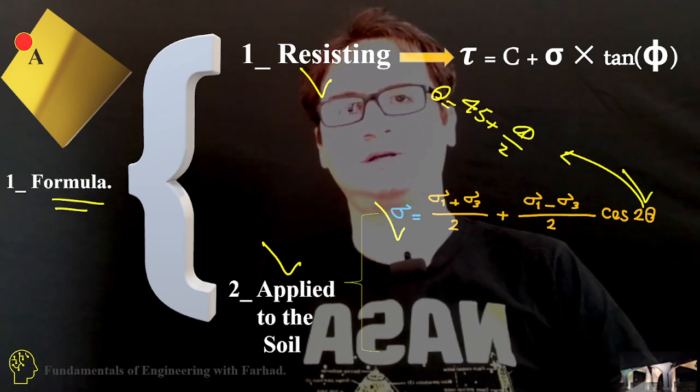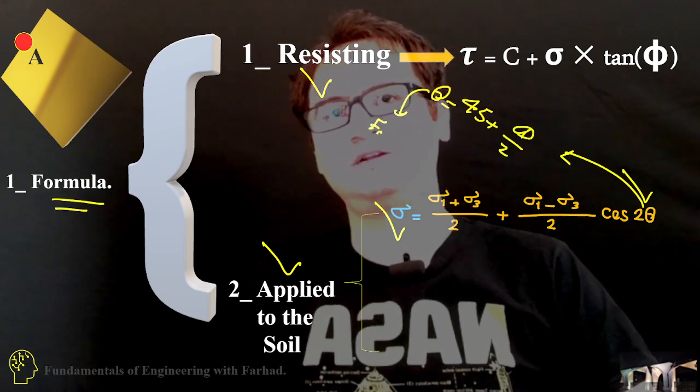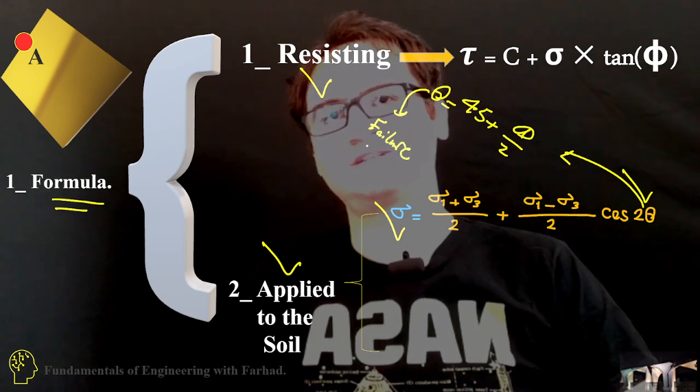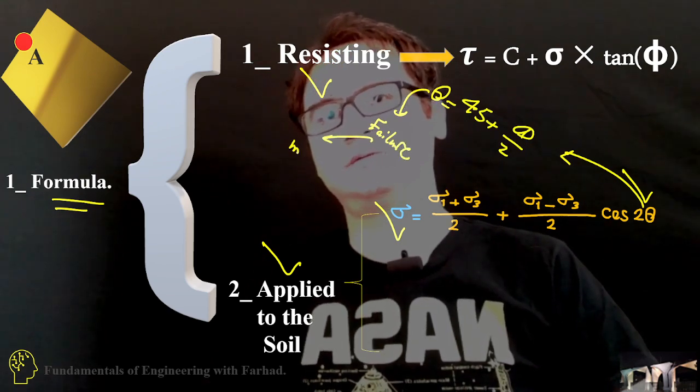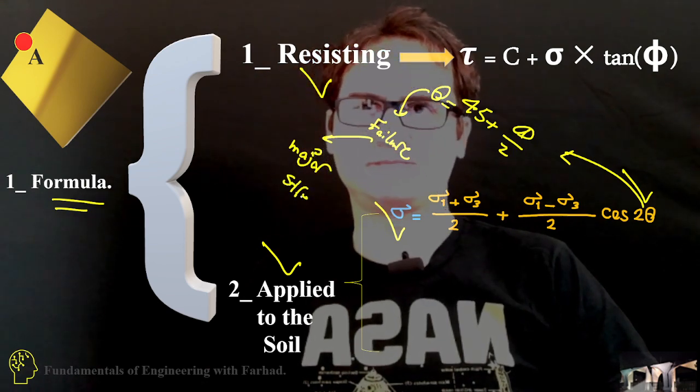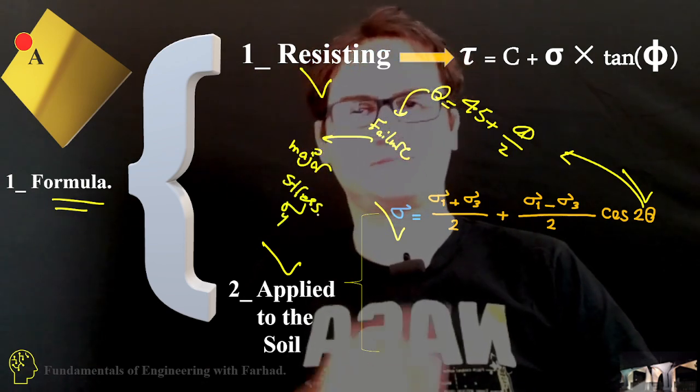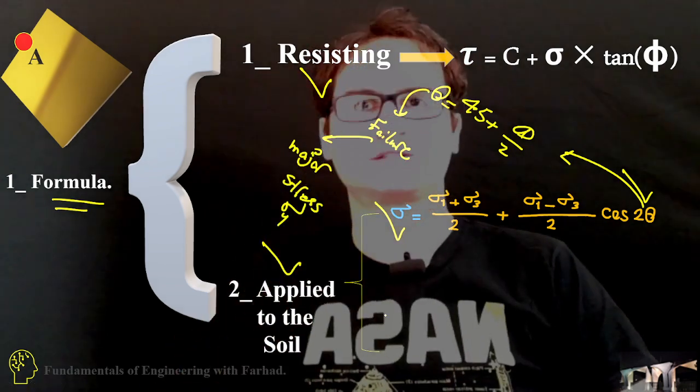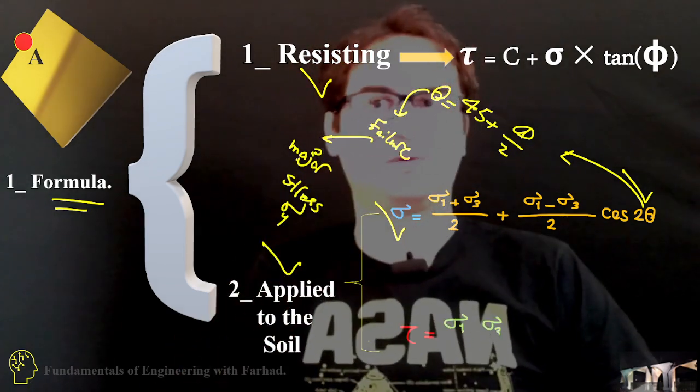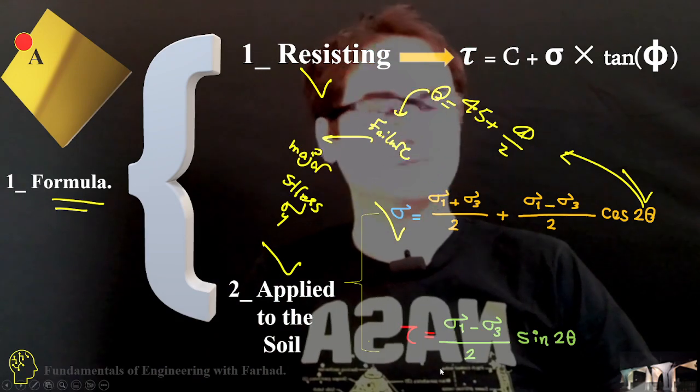We'll talk about theta, which is the angle of failure with respect to the major stress, which is sigma 1, to the plane of major stress. We'll talk about them in detail later on.